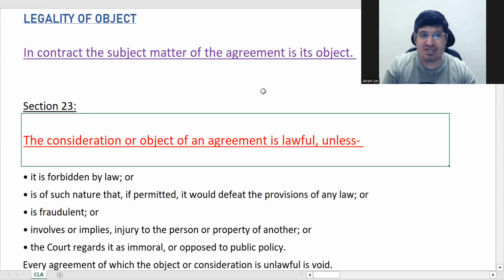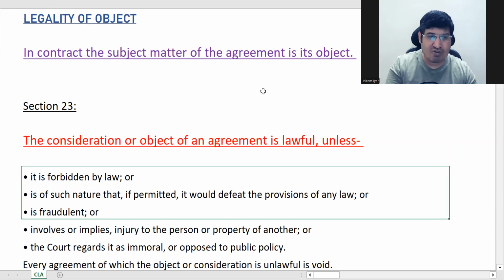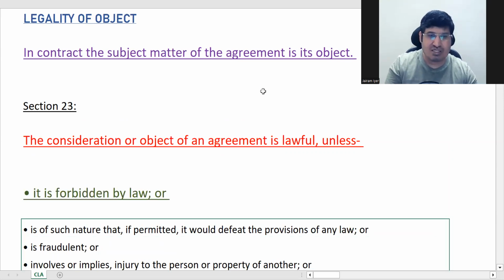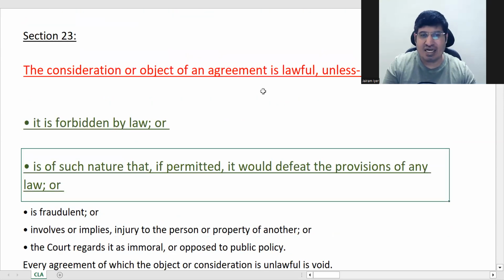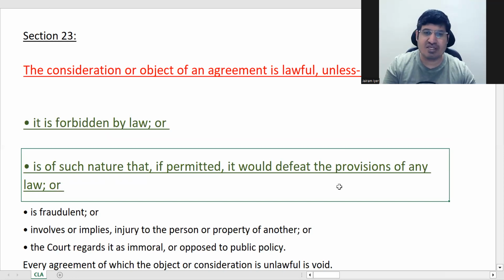Okay. Consideration or object is lawful unless, and unless means they are saying what the exceptions are. If it is forbidden by law, or is of such nature that it would defeat the provisions of any law. This is similar to the first, but here, in the second point, it is not expressly forbidden.